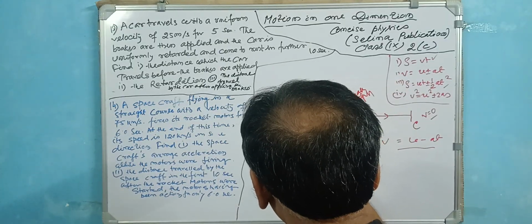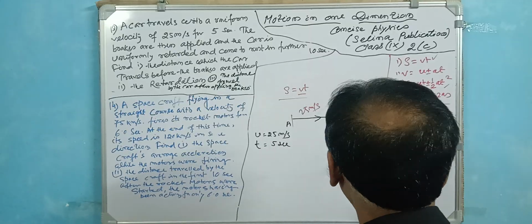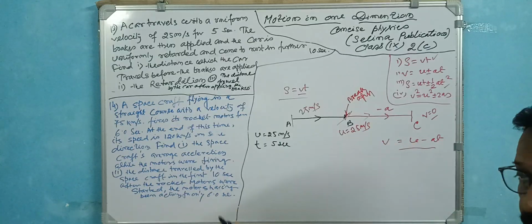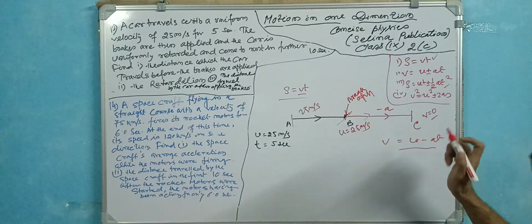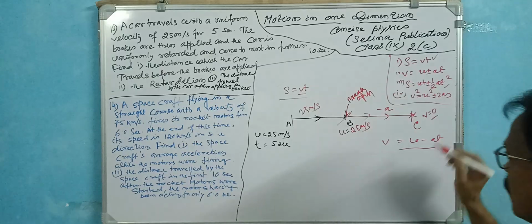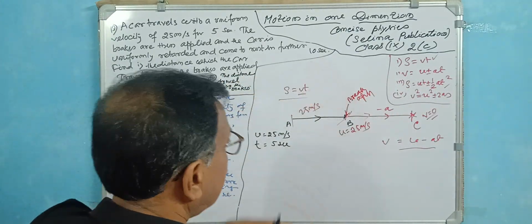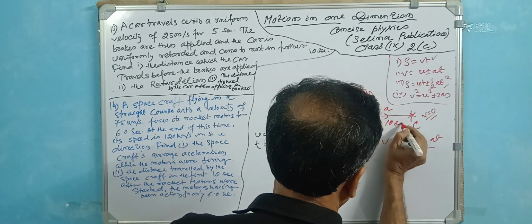But here the brake is applied, the force is applied, and it gradually decreases the velocity and comes to rest. Come to rest means V is equal to 0. It comes to rest in a further 10 seconds, so the time required is 10 seconds.